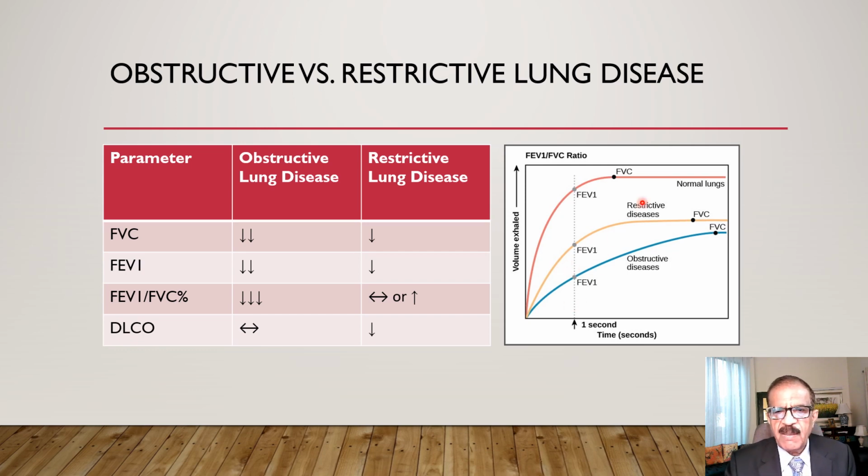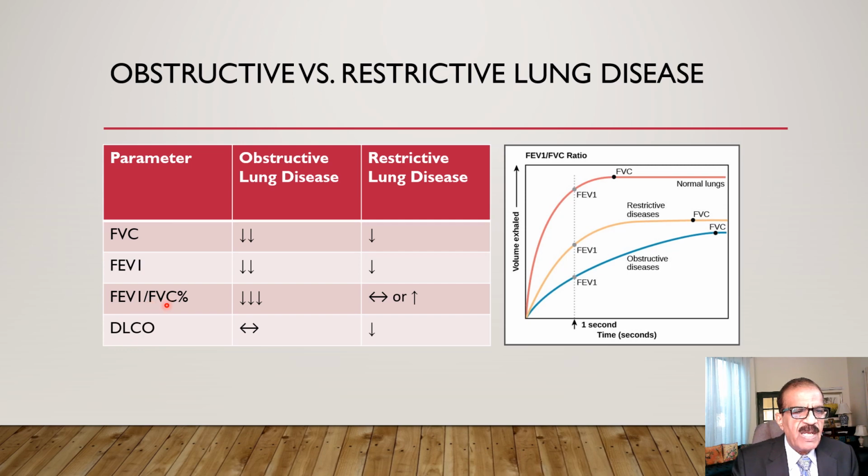So these are the graphs, and let's go through them. Forced vital capacity is significantly reduced in obstructive airway disease and less so in restrictive lung diseases. Forced expiratory volume during the first second is more significantly reduced in obstructive airway diseases and may be reduced in restrictive lung diseases also, but less so.